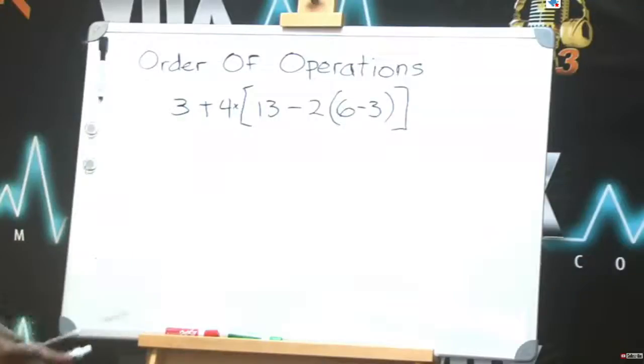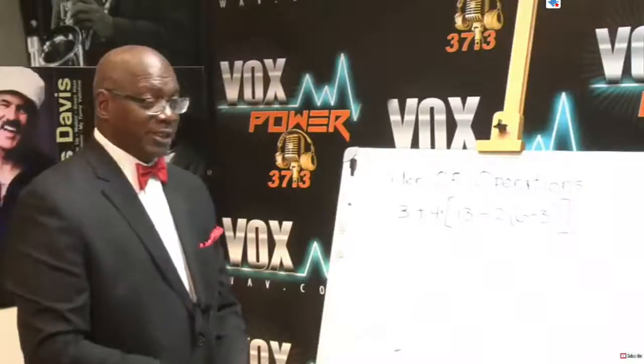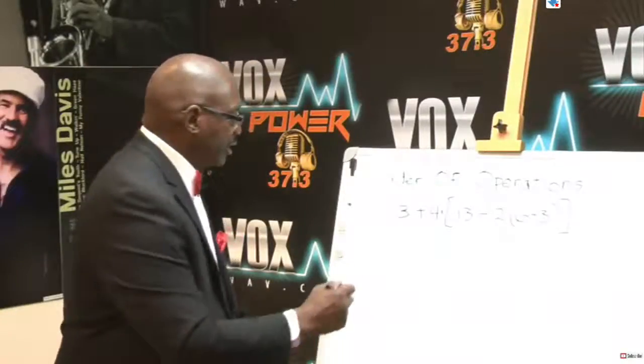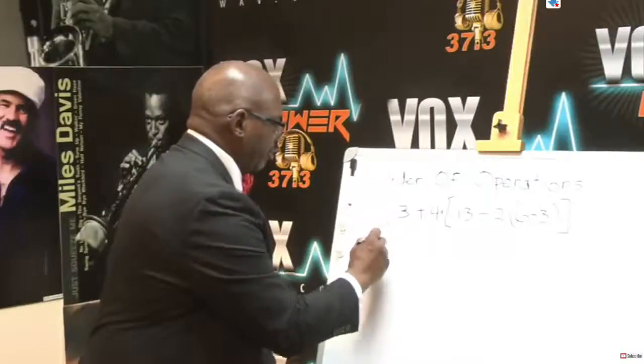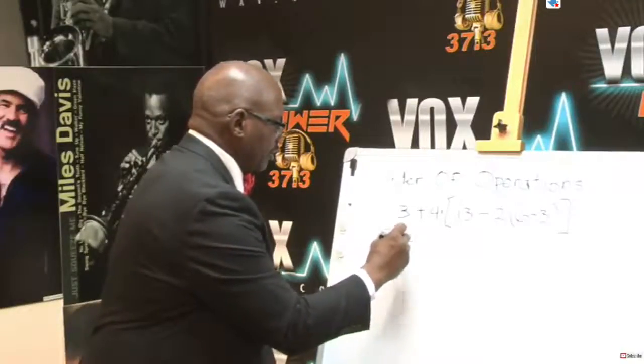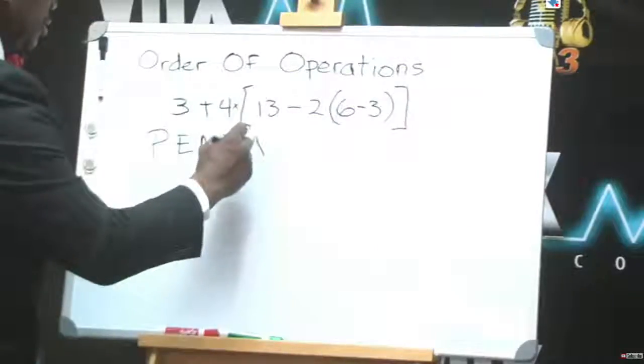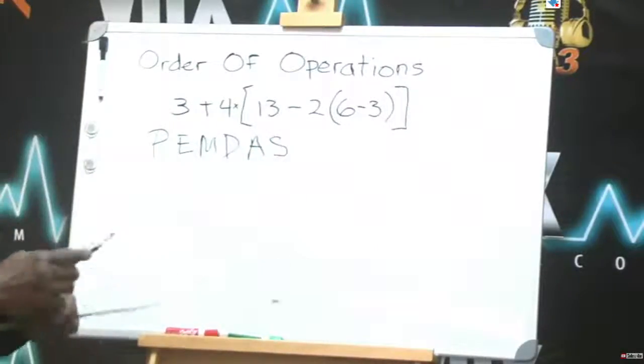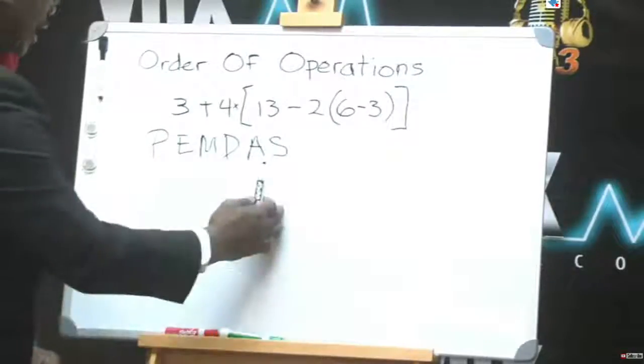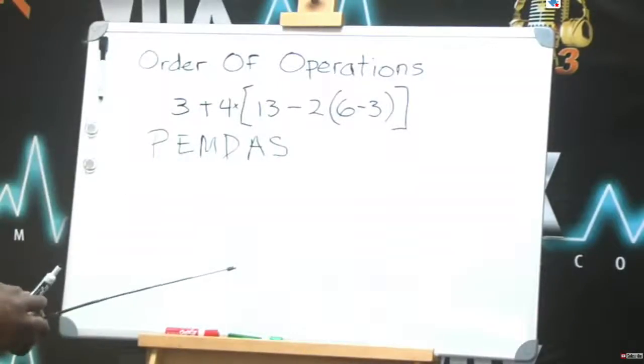Now, again, remember this? Please excuse my dear Aunt Sally. Again, parentheses, exponents, multiplication, division, addition, subtraction, from left to right, whichever comes first.